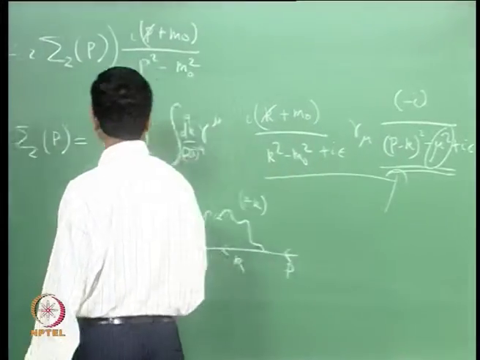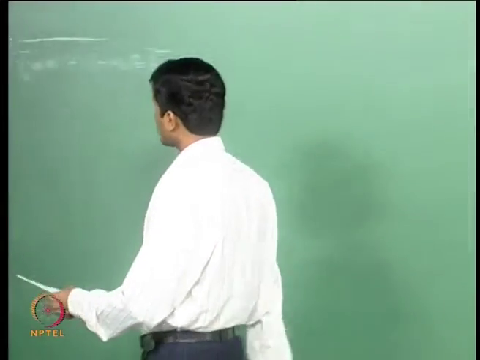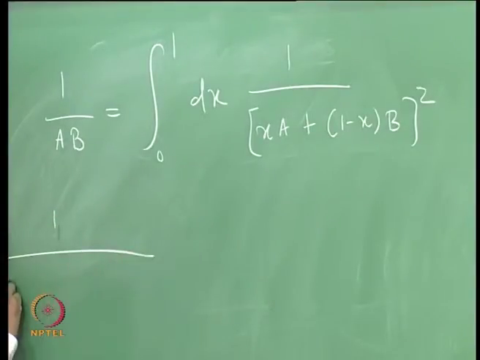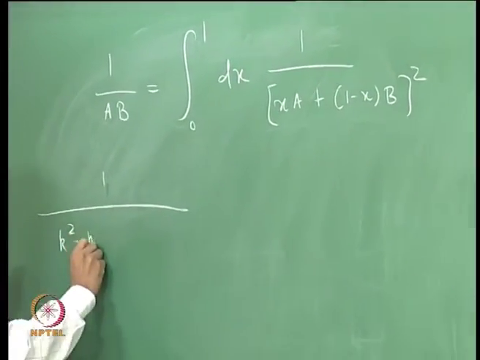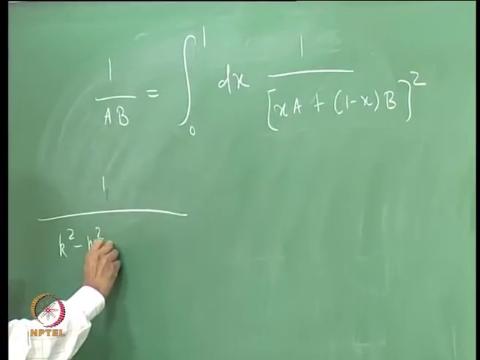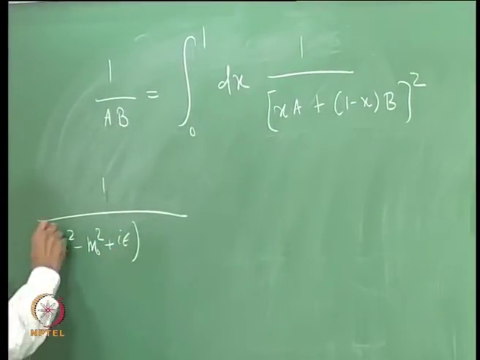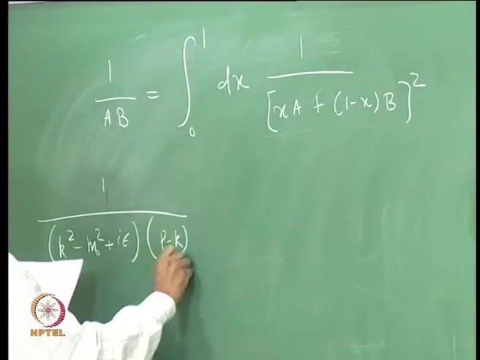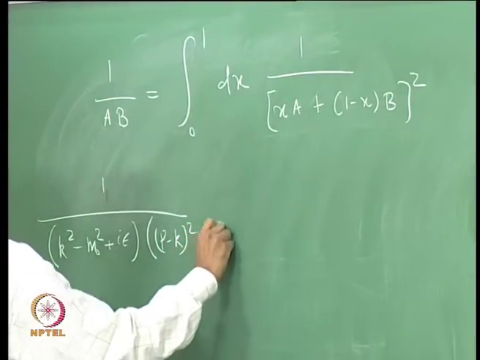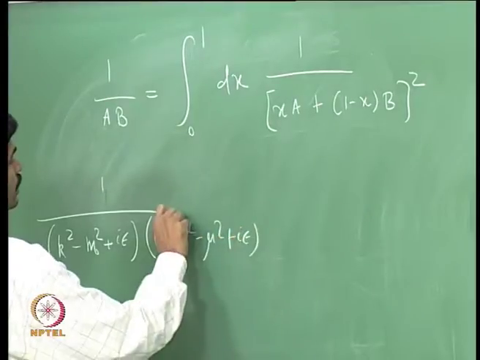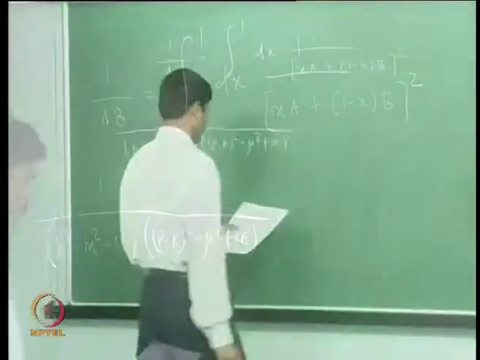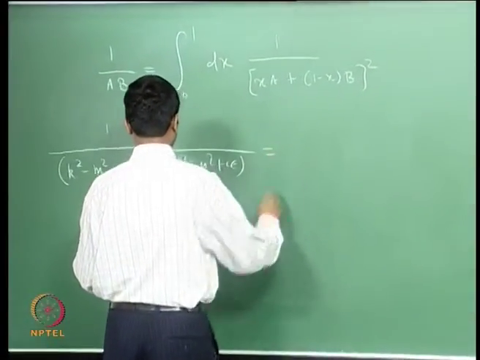I am interested in writing the quantity 1 over (k square minus m0 square plus i epsilon) times ((p minus k) square minus mu square plus i epsilon) in this form.